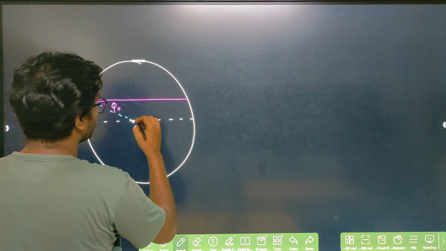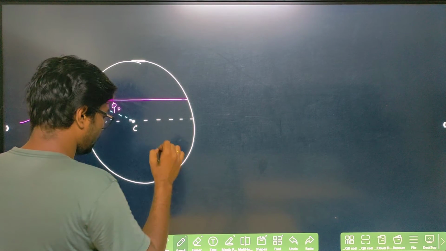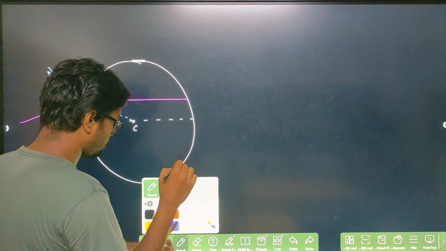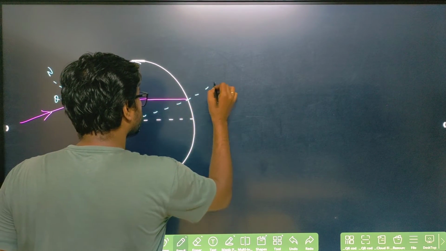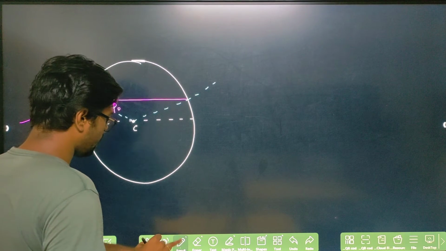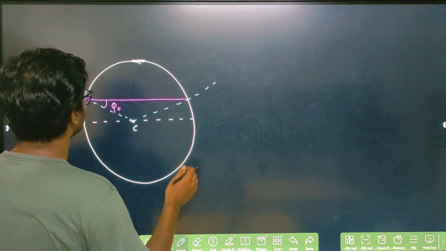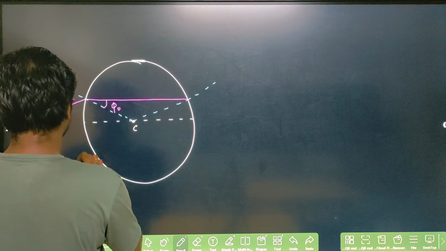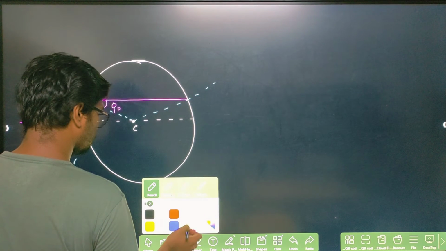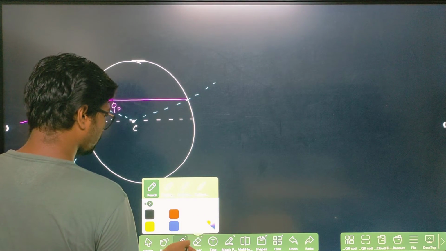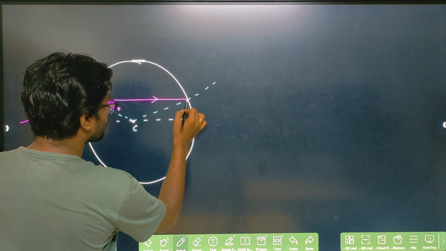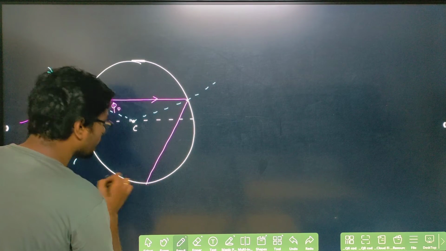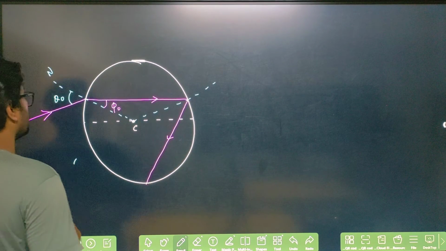This angle phi naught, and there is a normal to it at this point. This is the normal, and the ray is now traveling along this direction. Now it will again follow this path.